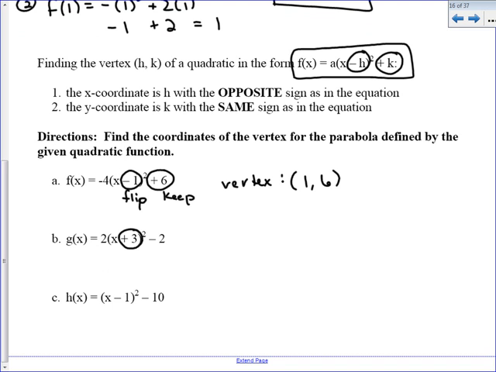You just flip, keep. So the vertex is the point -3, -2. No work needed. But you can only do that if you have this funky format, which you could make through completing the square. We're not going to ever do that, but you could do this yourself.